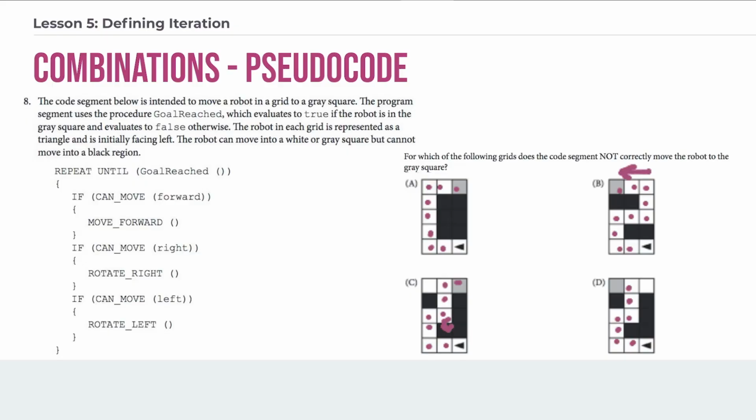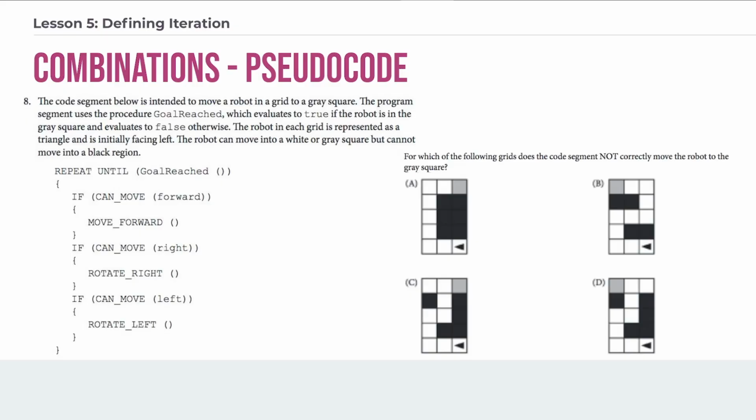It cannot go forward, it cannot go left, it cannot go right. Okay, so that's the problem. So this is the one right here that is going to not allow our robot to reach its destination, which is the gray square. And again, if you get a question like this on the test, it means that you have to understand both that the sequence matters here, and that the repeat is going to happen until goal is reached.